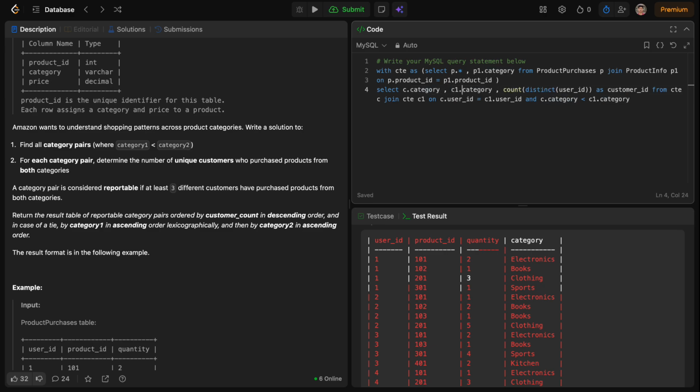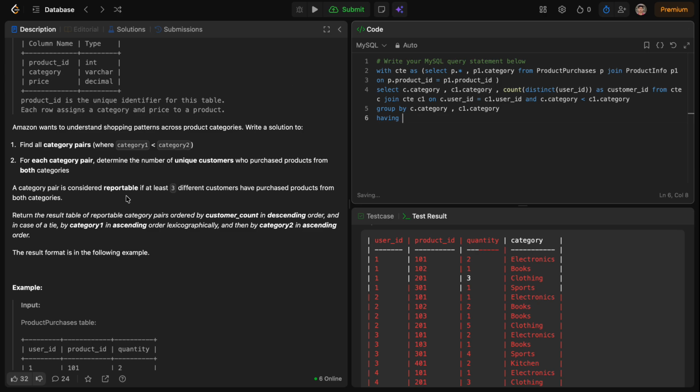So we apply our condition in this self join on the basis of user ID, where C dot category is less than C1 dot category. Then we have to group by C dot category and C1 dot category, because we are using an aggregate function, count, so we group by both columns.